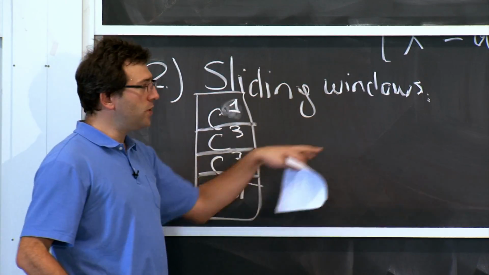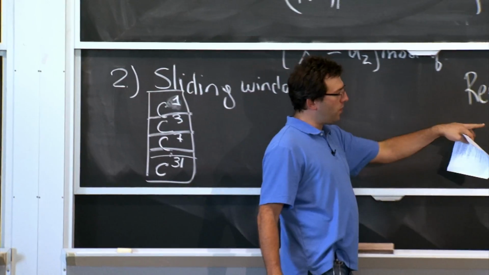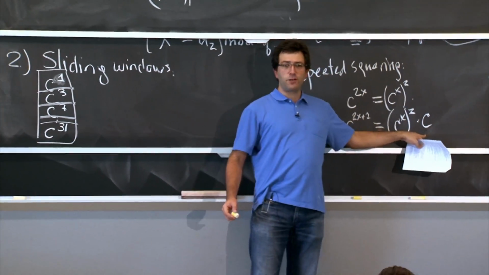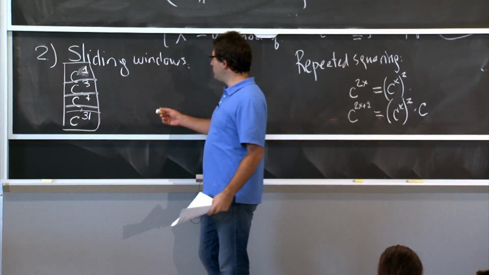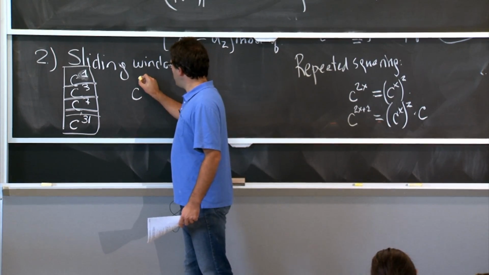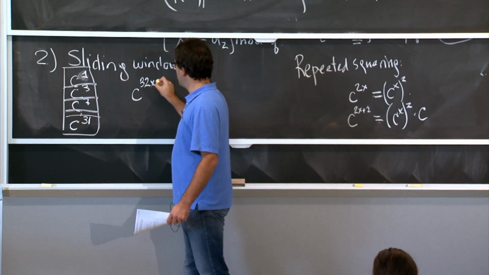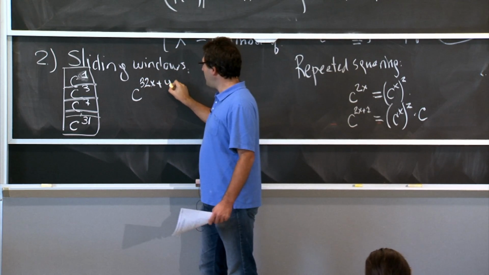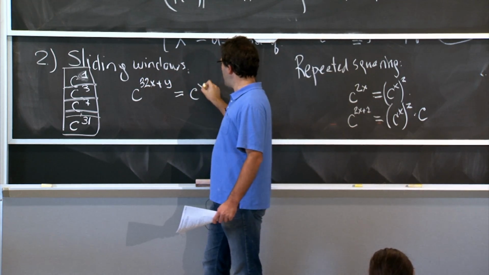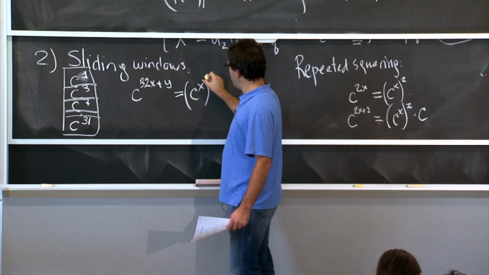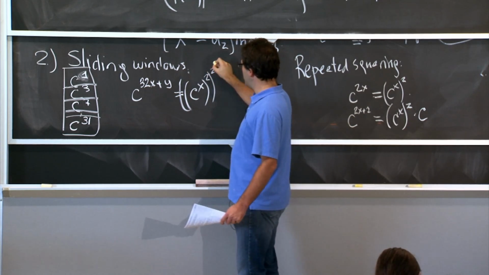Then when you want to do this exponentiation, instead of doing the repeated squaring and multiplying by this C every time, you use a different formula: if you have C to the 32x plus some y, you can do C to the x and do repeated squaring, very much like before.